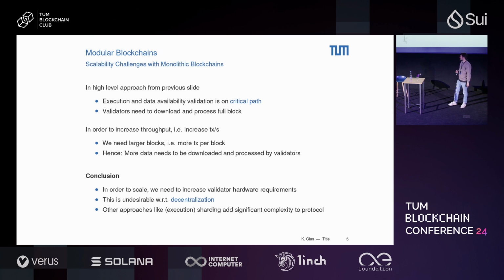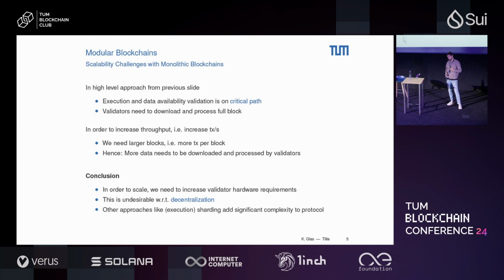This means that if we want to scale, we need to vertically scale up our validator nodes. Hence, we need to increase hardware requirements on validators, which is somewhat undesirable with respect to decentralization because it increases the cost threshold to enter the network.